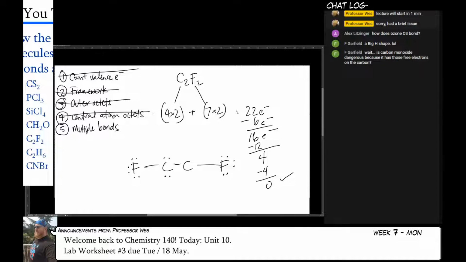Now, you do have some options when you get to this point. Some of those options might be things like, well, wait, can't I just do this? Wouldn't that work? And yeah, technically everything would have an octet. But remember our guidelines from before, where I said elements in group 17 want to form 1 bond, and elements in group 14 want to form 4 bonds, and so on and so forth.